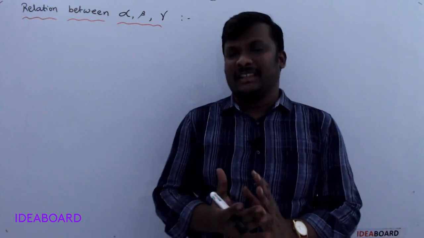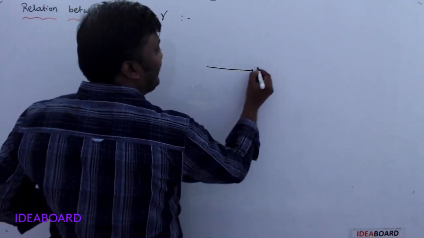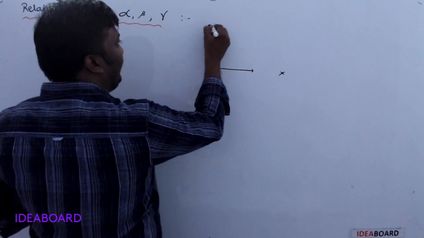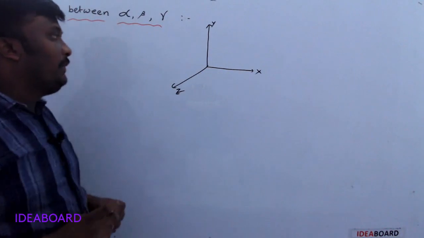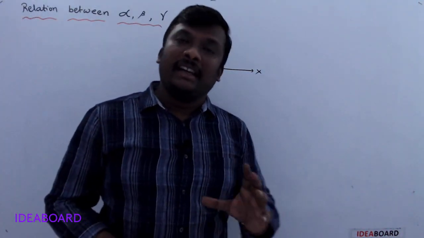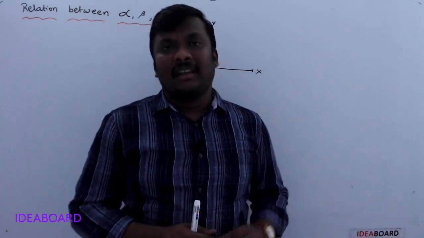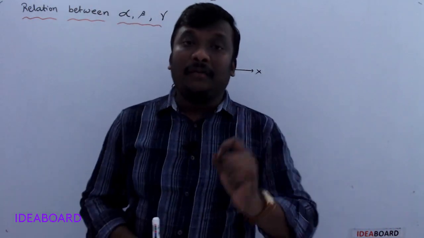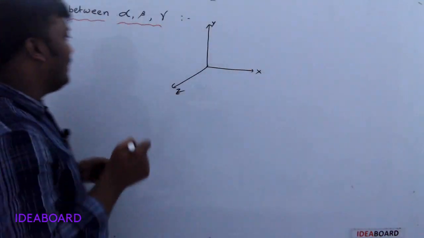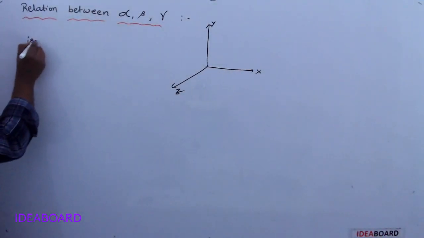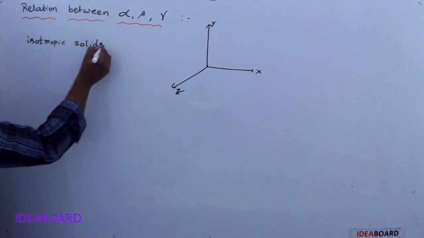We know solids are generally three-dimensional, along the x-axis, y-axis and z-axis in a coordinate system. Whenever a solid is heated, it expands in all directions. If the expansion is the same in all directions, then that type of solid is called an isotropic solid.